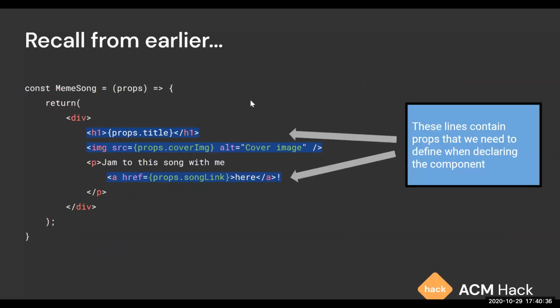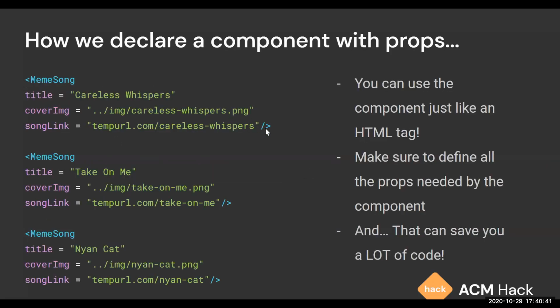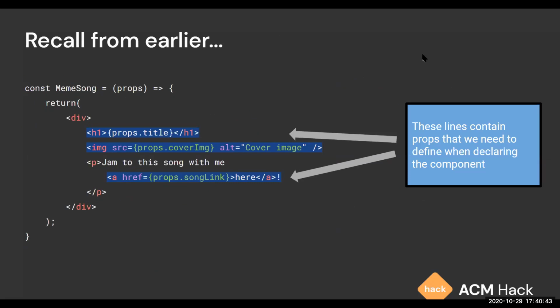So how do we define the meme song so that we can call it like this? Remember from earlier, we have an example that talks about the meme song component with the props. In here, we have props.title, which is the title prop in the H1.